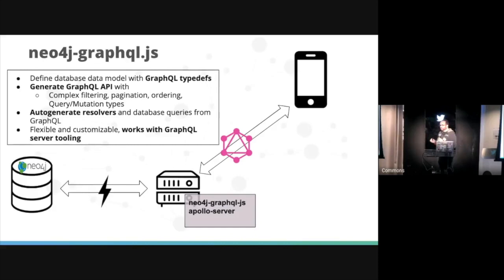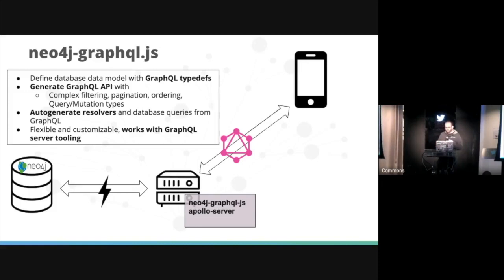An important distinction here: when I'm talking about a database integration for Neo4j and GraphQL, we're not talking about turning GraphQL into a database query language. We believe that with GraphQL and database integrations, you are often interested in building this API layer that sits between the database and your client. But we want to make tooling that makes it easy to do that.